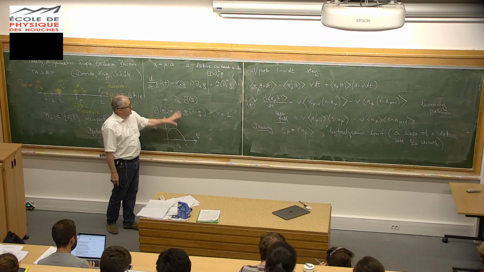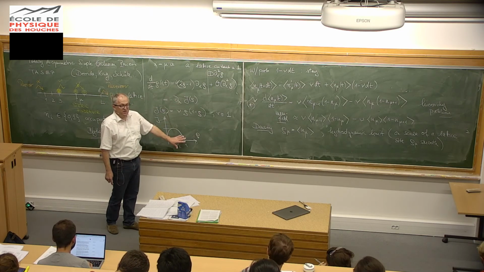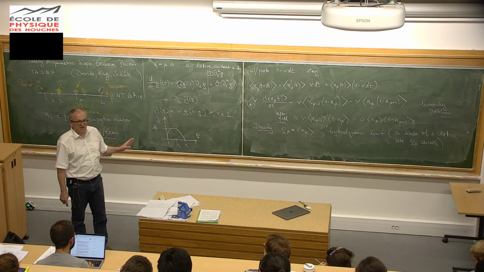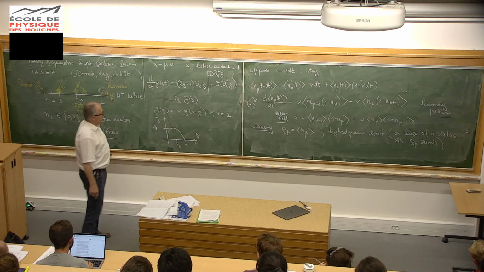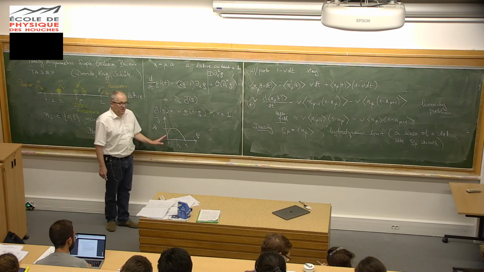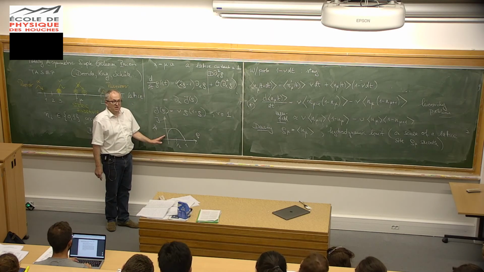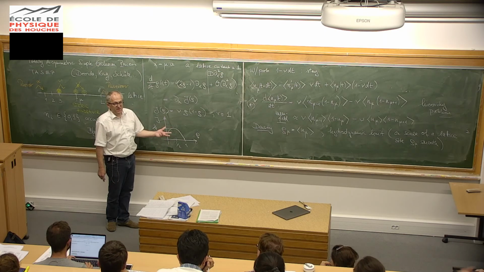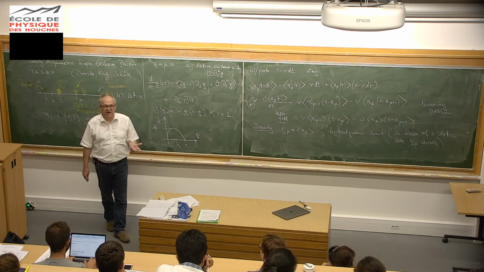And as a consequence of this current density relation, you can show that that system has different types of phases. One phase where you have a low density, one phase where you have a very high density, and the third phase where you have a maximal current.